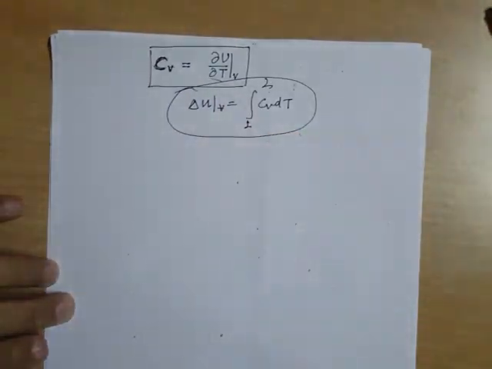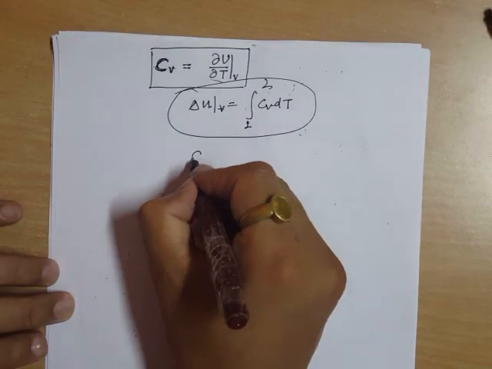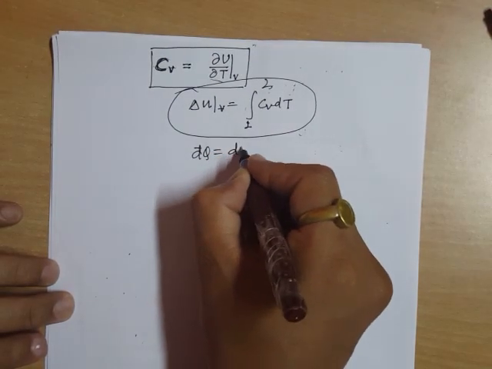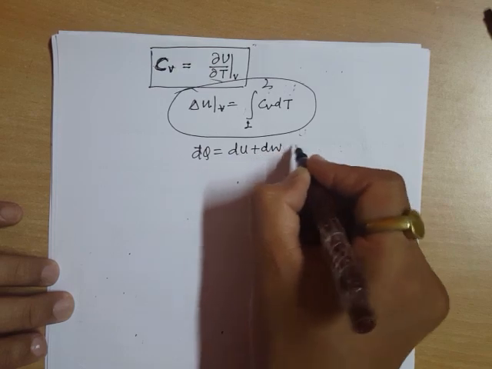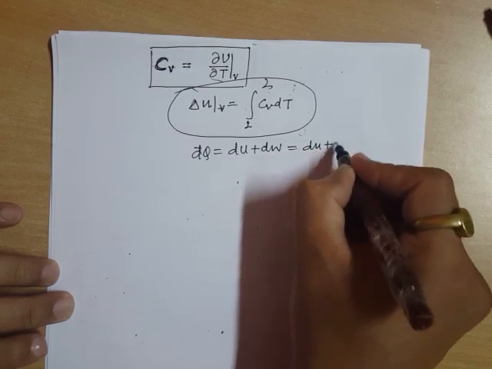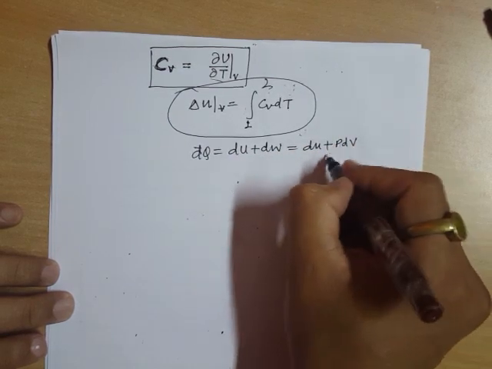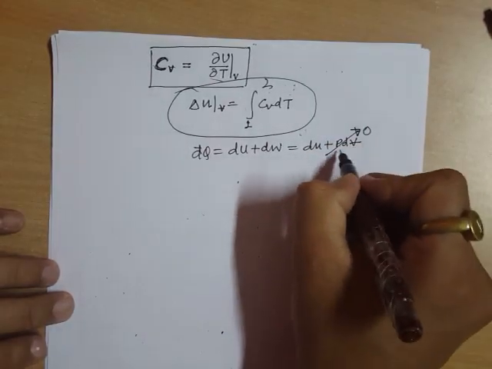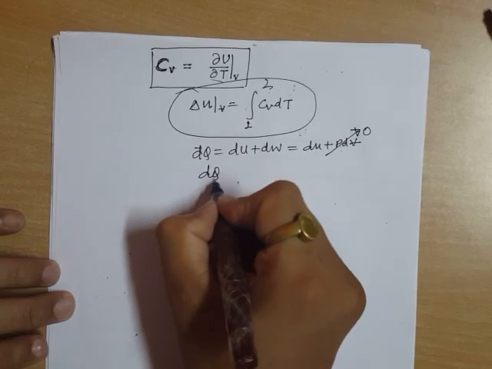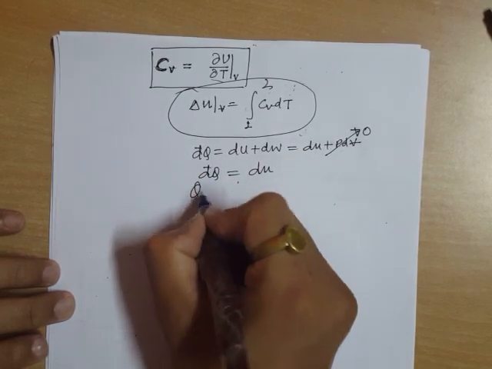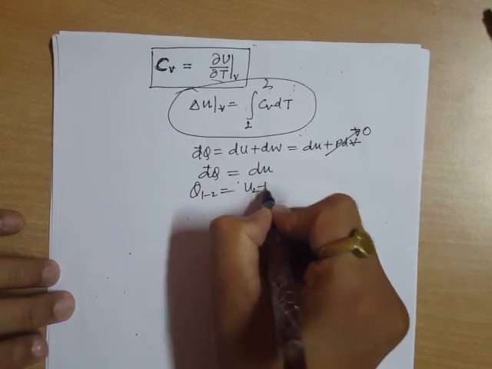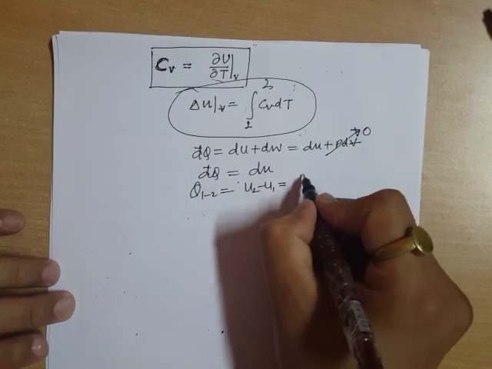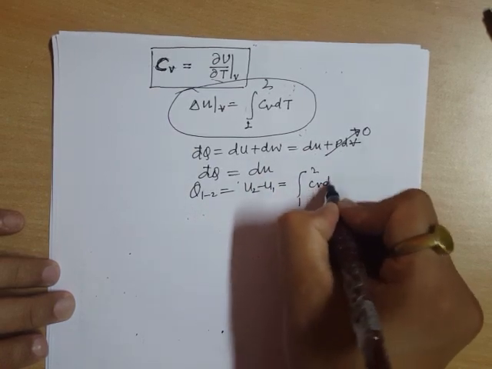Now if you write the first law of thermodynamics for a closed system, dq is equal to du plus dw. If this system is performing displacement work, dw is p dv. If the volume is constant, then this p dv term goes away. So dq will simply be du, or q1-2 will simply be u2 minus u1, which I can write as the integral from 1 to 2 of Cv dT.